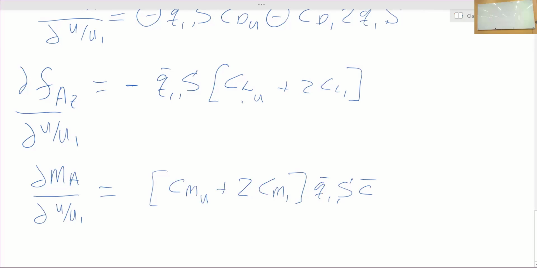So this exactly parallels this. You just replace L or D with M, because the force or the moment is just either CD, CL, or CM times Q bar S.